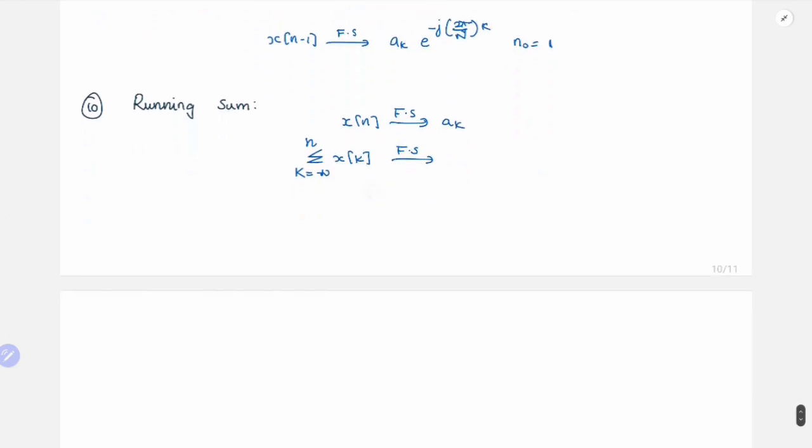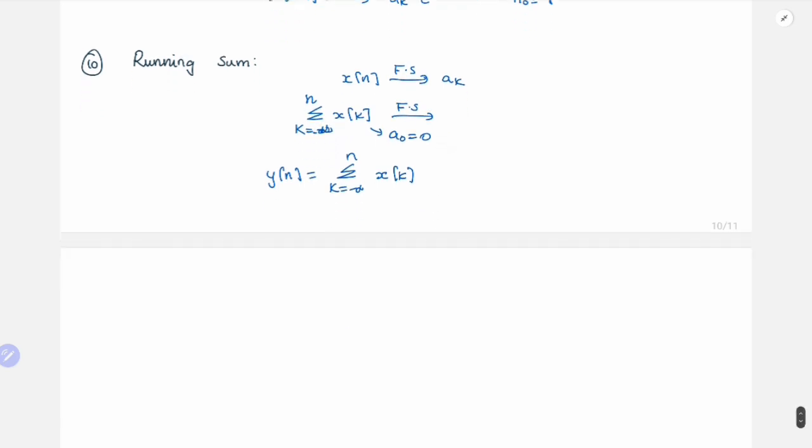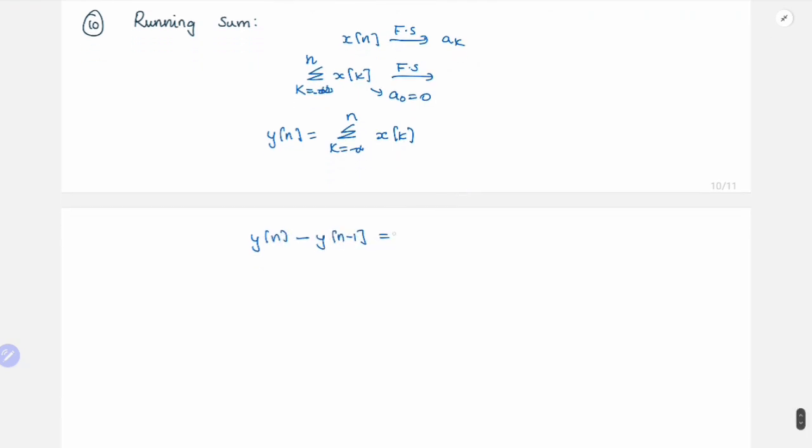To see this, let us assume y of n equals summation k equal to minus infinity to n of x of k. And also this means that your a0 is equal to 0. Otherwise this sum itself will not converge, correct? Because you're summing from minus infinity. So let us see what happens to y of n minus y of n minus 1. This is nothing but summation up to n minus summation up to n minus 1. So it will give me x of n itself.